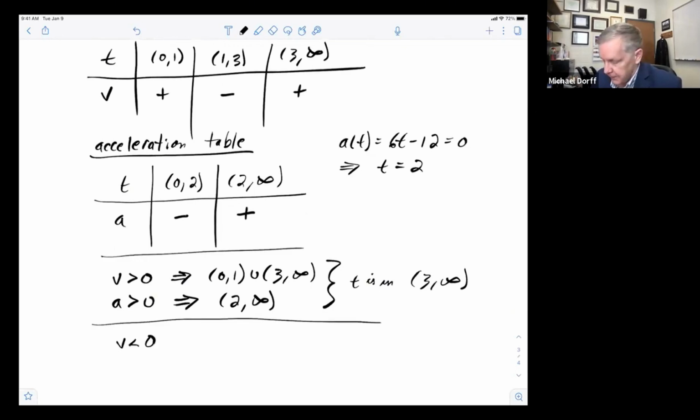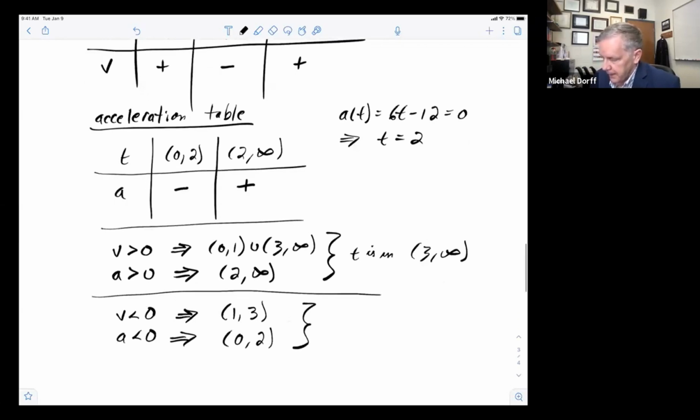Now how about velocity and acceleration both being negative? Velocity is less than 0 on the interval 1 to 3, and acceleration is less than 0 on the interval from 0 to 2. So both of those happen when t is between 1 and 2.